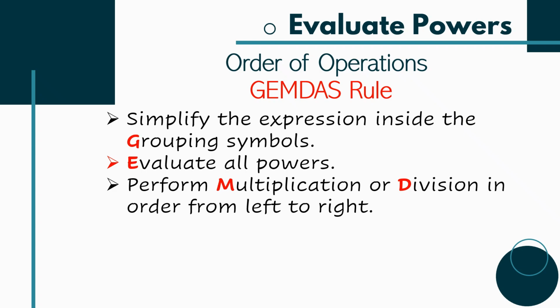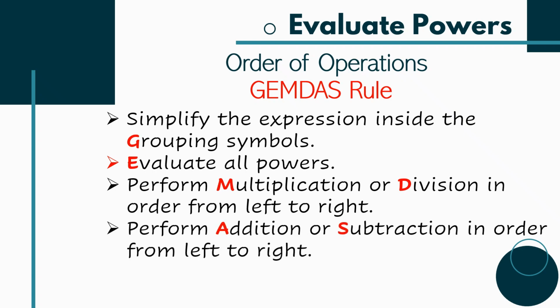So here, multiplication and division can be interchanged. It depends upon what comes first from left to right. If division comes first, then we're going to divide before we multiply. Lastly, perform addition or subtraction in order from left to right. So, if subtraction comes first before addition, you're going to subtract before you add.